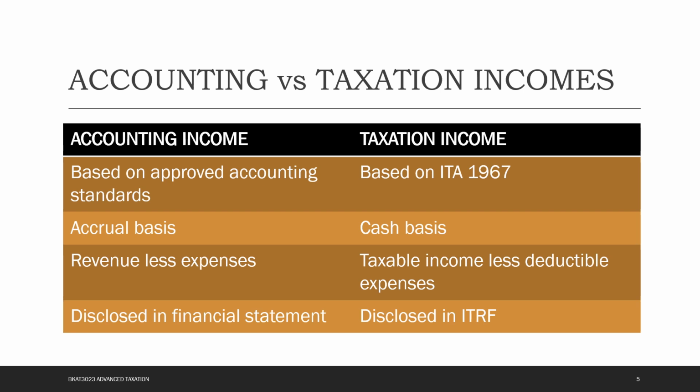That is how we find the chargeable income, or first the adjusted income, and then we deduct other reliefs or rebates to arrive at the final taxability. And we will disclose in the income tax return form, ITRF. That is the final form that the taxpayer needs to submit to the IRB.